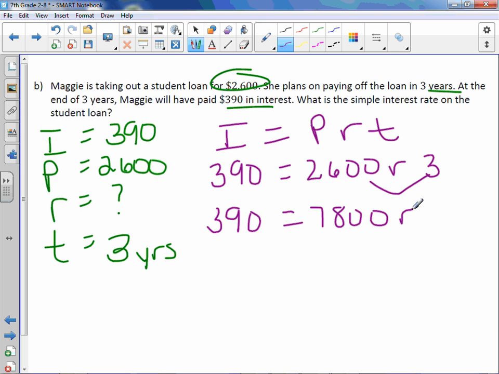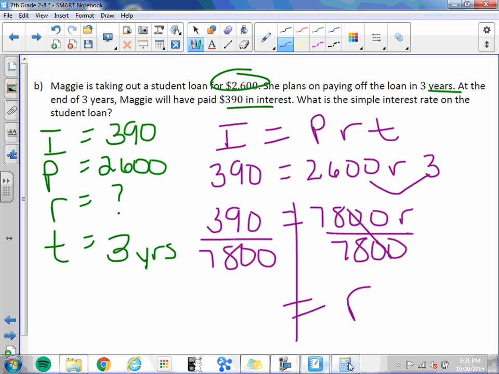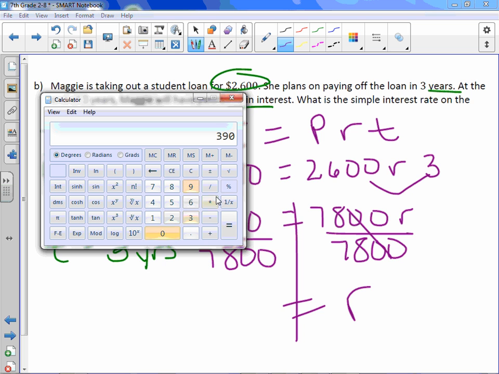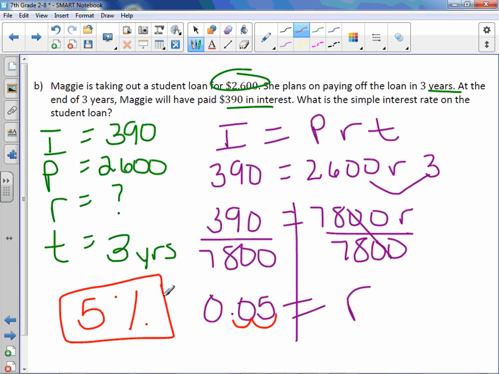Bring down the R. Divide both sides by 7,800. $390 divided by 7,800. 0.05. Again, we need to change it to a percent. Move it 2 to the right, and we get 5%.